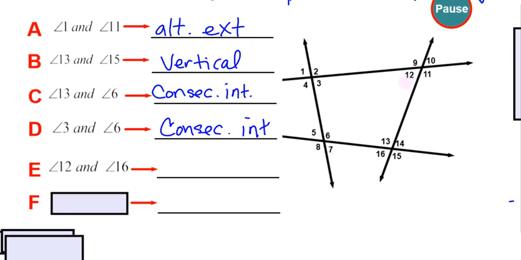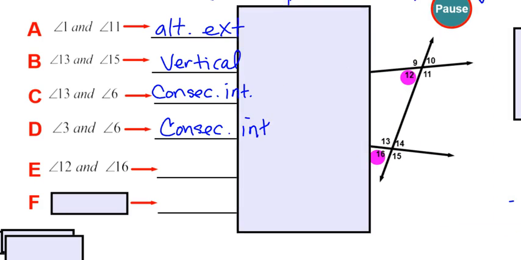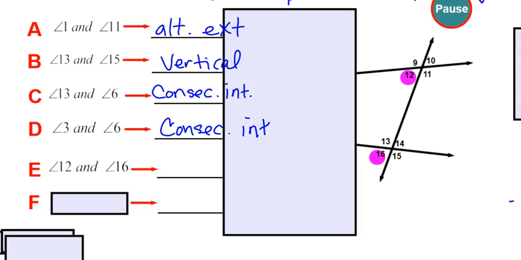Then let's look at 12 and 16. So angle 12 is right here and angle 16 is right there. Covering up the part of the picture that I don't want to look at, that would be on the left. Then I think, are those two angles between the lines? And so that right there would be between the two lines, and I notice the 12 is, but the 16 is not.